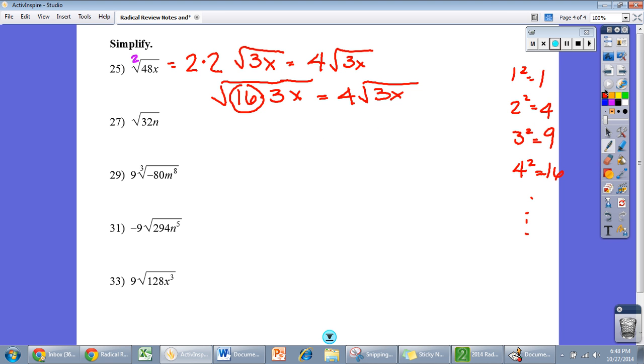Using the factor tree method, if we look at 32, we think of 4 times 8. This breaks down to 2 times 2, 2 times 4.